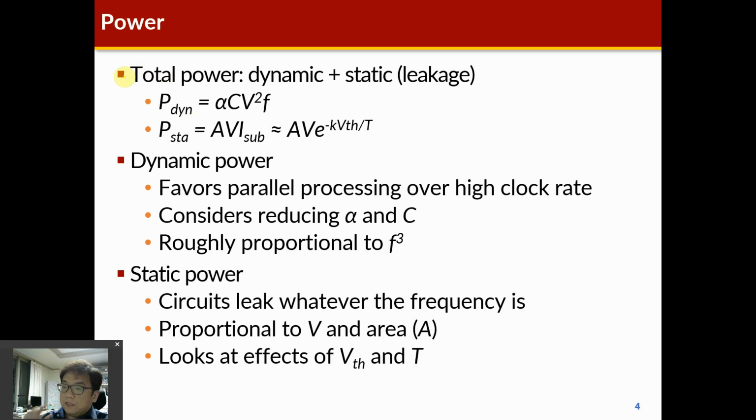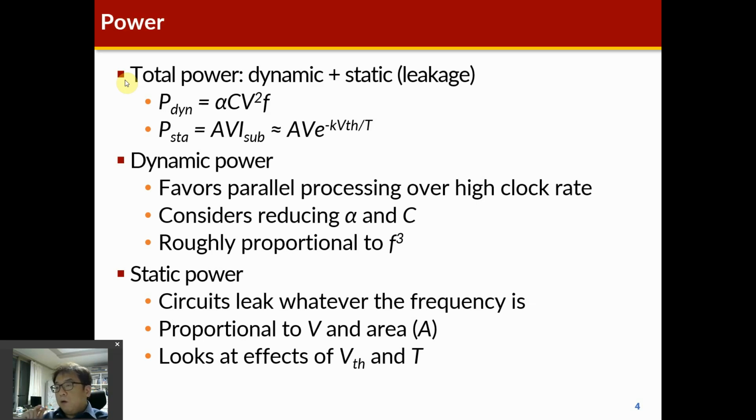The computer needs the electric power, so computer consumes the electric power while the computer runs the applications. So this power is the major cost of the computer system. So reducing power is the very important research area on the computer architecture or computer system study. So in this class, I will talk about the power source of the power consumption on the computer system.